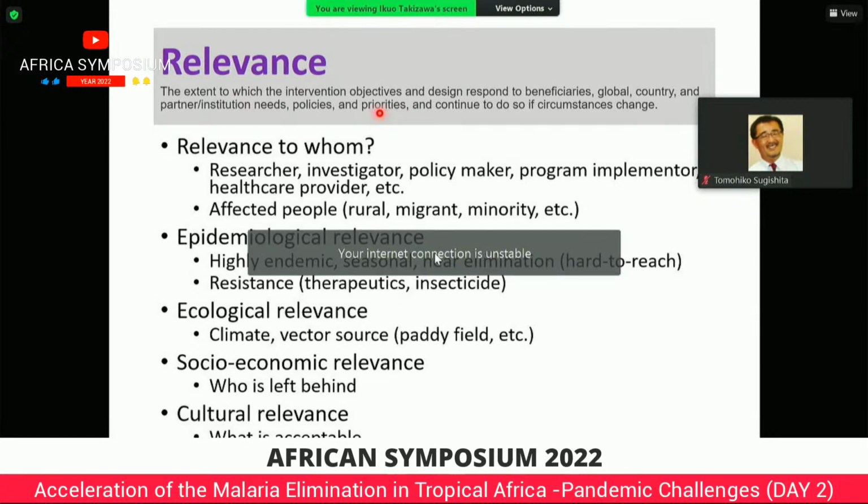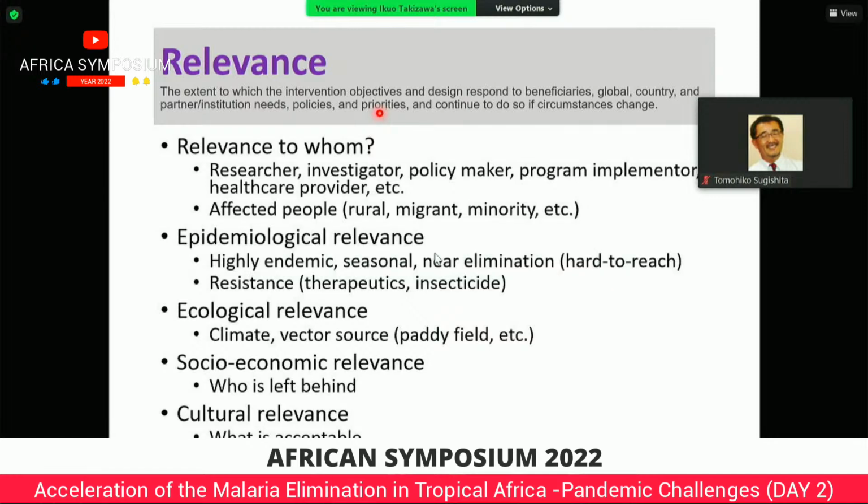And then thirdly, the ecological relevance: what is the relationship with climate and also the vector mix and vector source. One example is that in Africa there used to be a phenomenon called the paddy paradox, which meant that if you compare the rice cultivating community and non-rice cultivating community, you expect that the rice cultivating community will have a higher malaria burden.